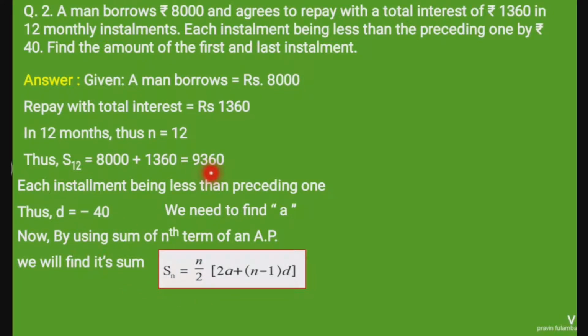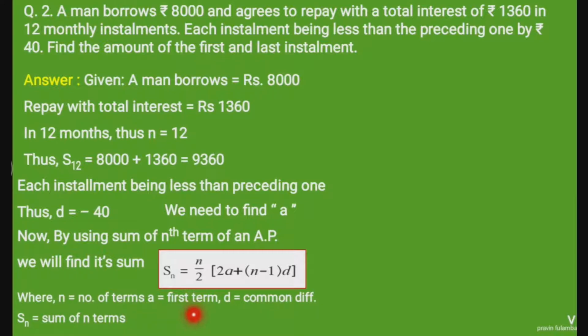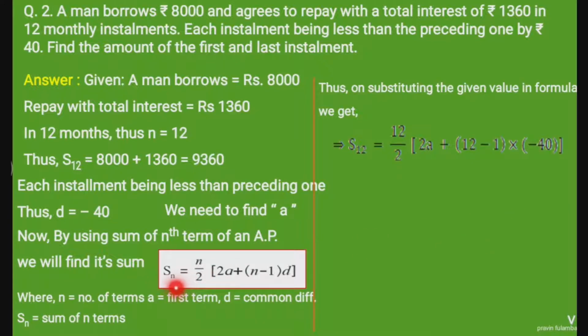So we replace all the values. Here n is the number of terms, A is the first term, D is the common difference, Sn is the sum of n terms. Thus, on substituting the given values in the formula, we get S12, because the total number of installments is 12, so the value of n is 12.